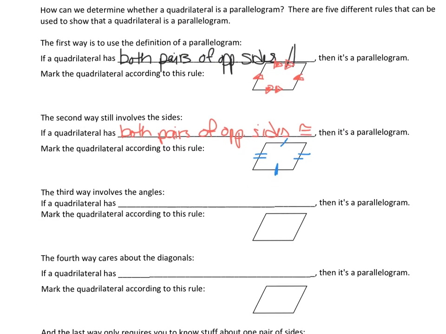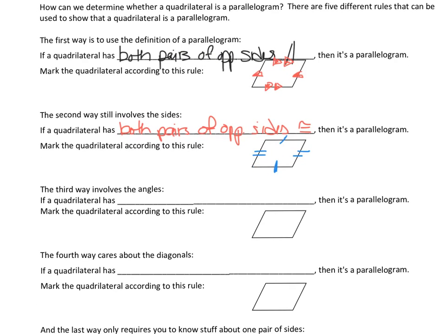Okay. Then our third one involves the angles. So the other day we talked about the opposite angles, those 2 sets being congruent. So if we have that, then we know that we have a parallelogram.